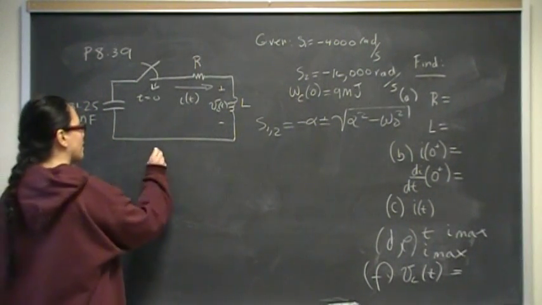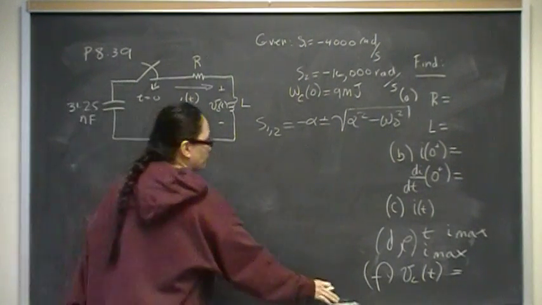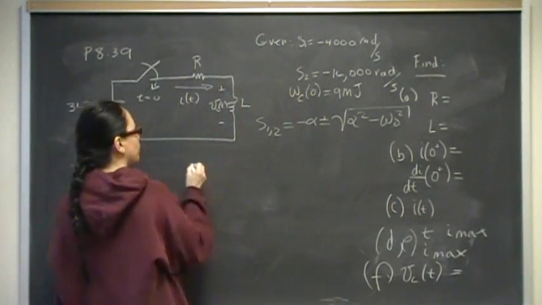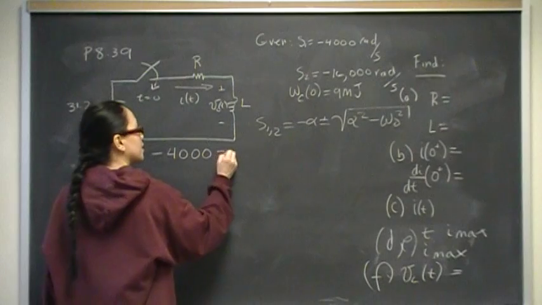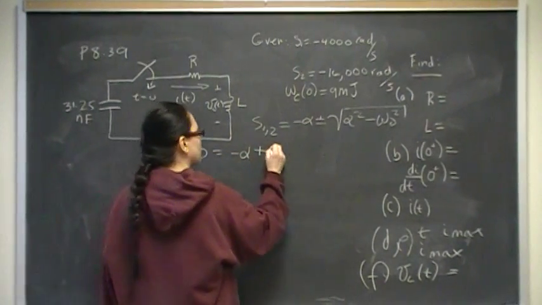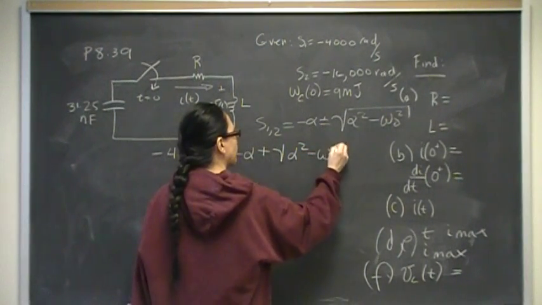Let's go ahead and do that. S1 is negative 4,000, so negative 4,000 is equal to negative alpha plus the square root of alpha squared minus omega naught squared.